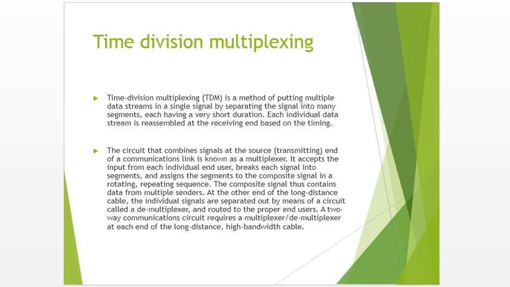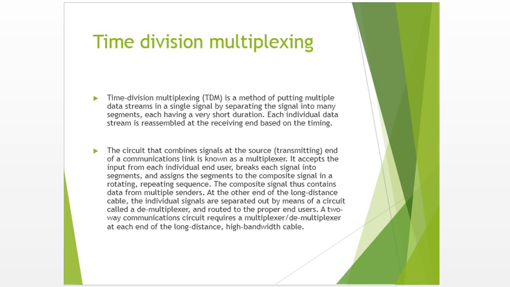The circuit that combines signals at the source end of a communication link is known as a multiplexer. It accepts the input from each individual end user, breaks each signal into segments, and assigns the segments to the composite signal in a repeating sequence. The composite signal thus contains data from multiple senders.